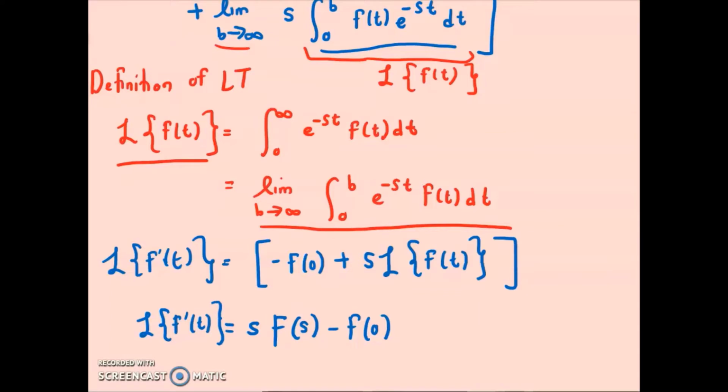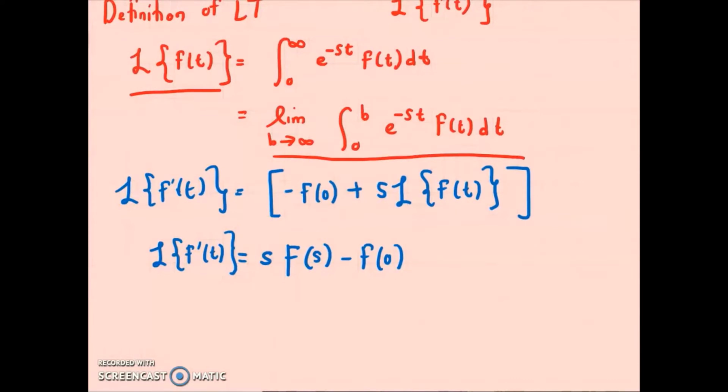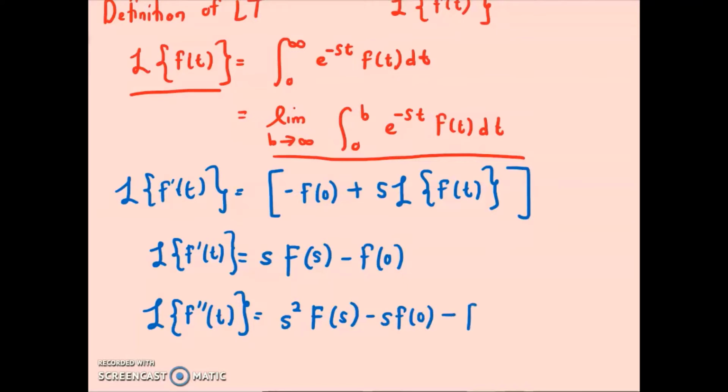You can also show, I'll let you work this out, that the Laplace transform of the second derivative is given by s squared F(s) minus s f(0) minus f prime(0). You can show this as your homework.